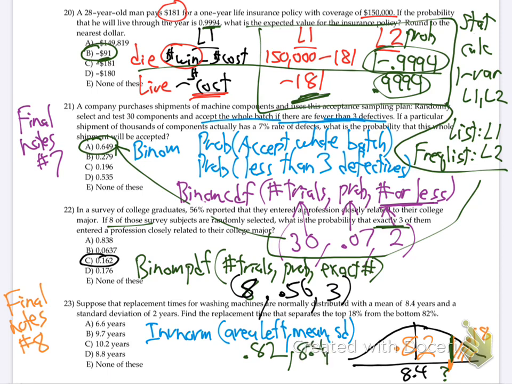What's the standard deviation? 2 years. Put it in your calculator. What is it? 10.2 years. In other words, the top 18% of washing machines last 10.2 years or better. That's the line for the top 18% of washing machines.